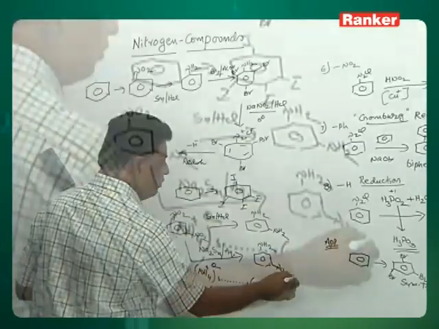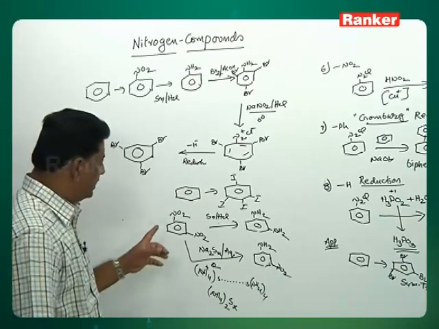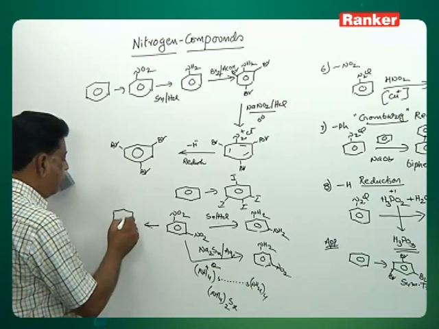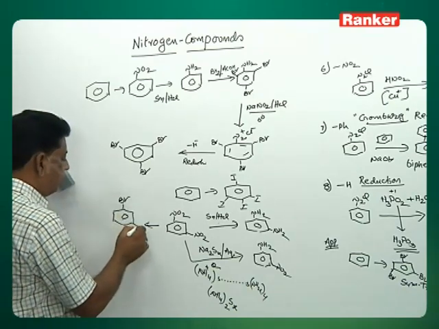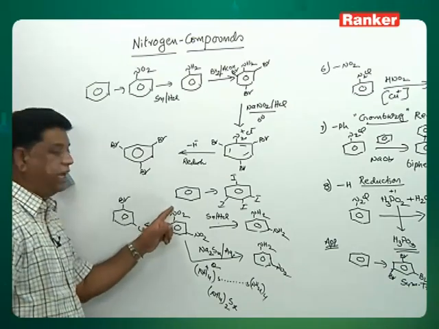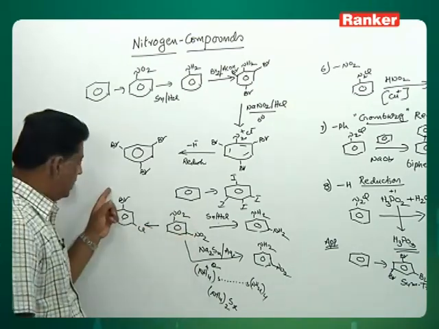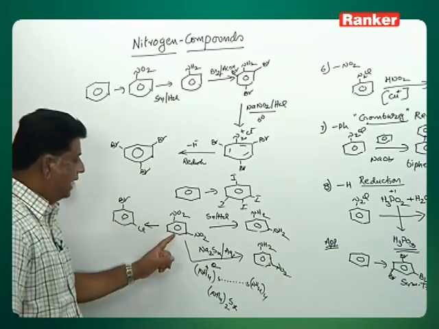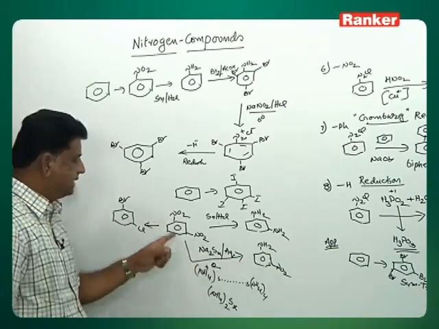In such cases, for example, if somebody wants to convert this compound into one with one bromo and one chloro, how do you convert this into this? Now, if both are bromines, you can diazotize and apply the Sandmeyer reaction to get the bromines. But one into bromine and one into chlorine, how, unless you know this specific step?